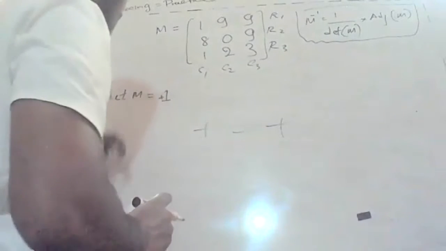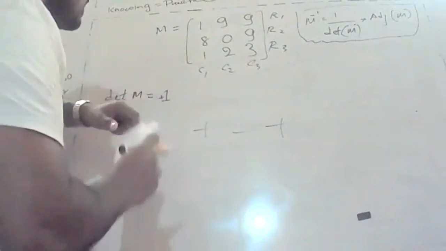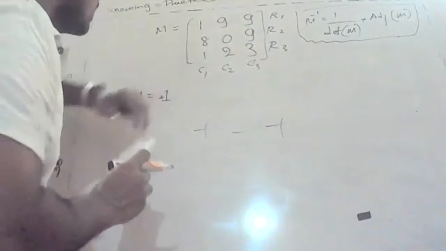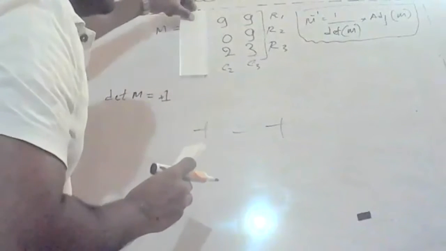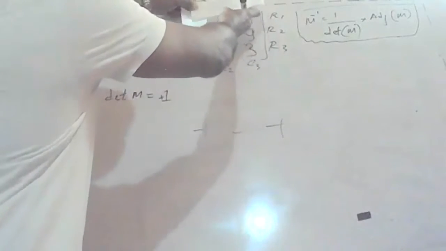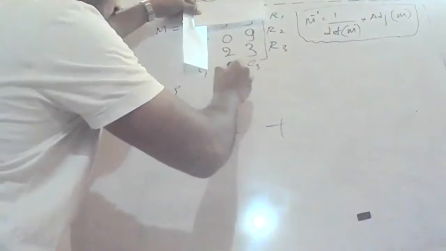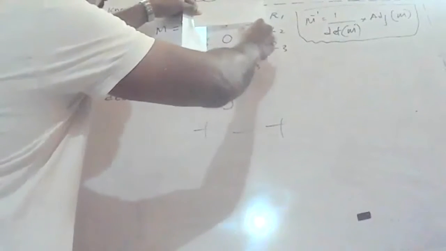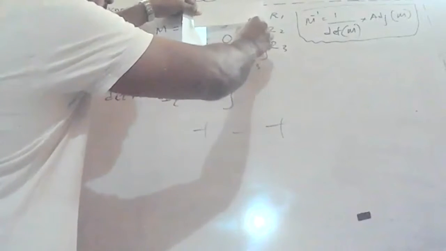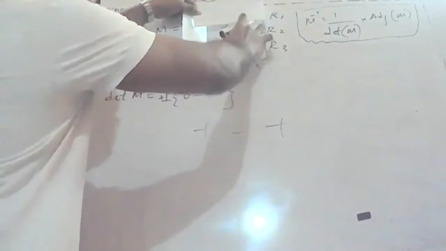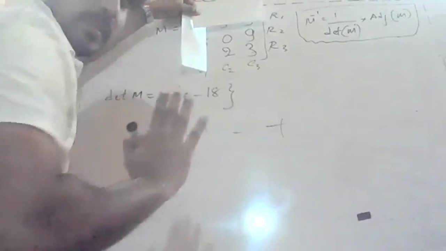Okay. So positive 1 times, the positive 1 we took from here. Cover this column and cover this row. Then you will see a square box like that. Then what you have to do is this multiplied by this, 0 into 3 is 0, minus 2 into 9, 18. That's it.